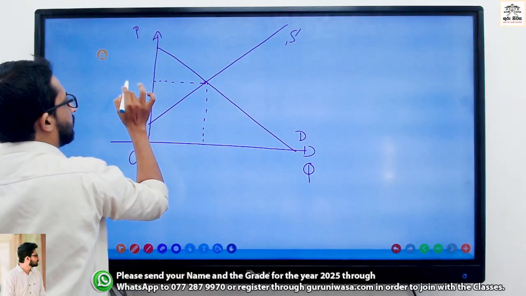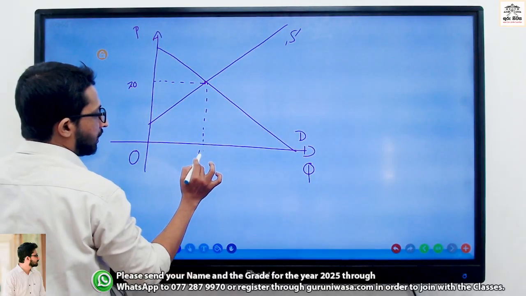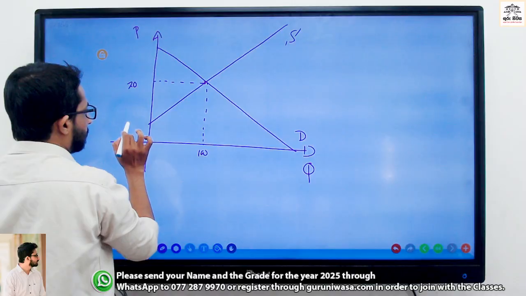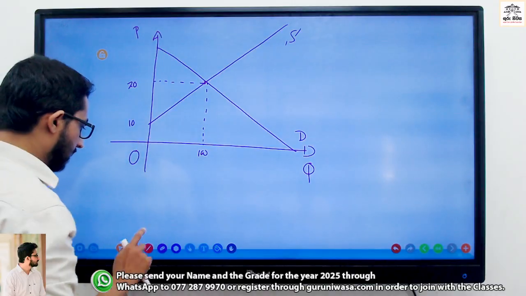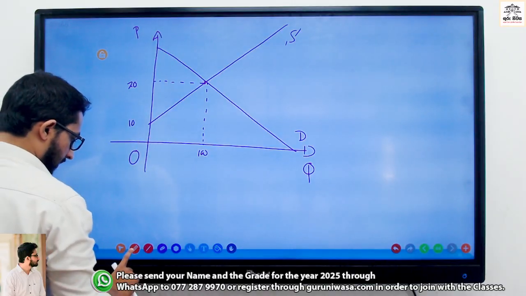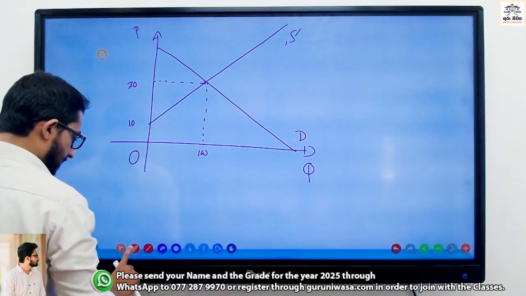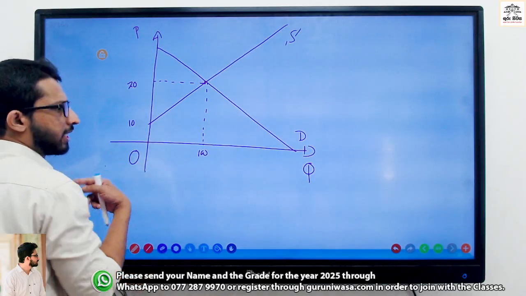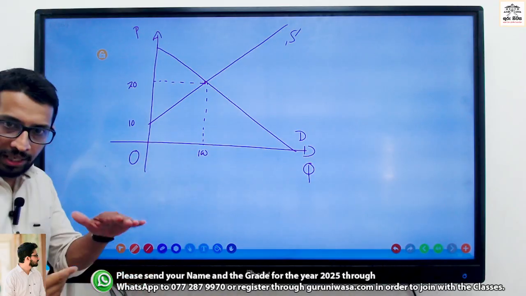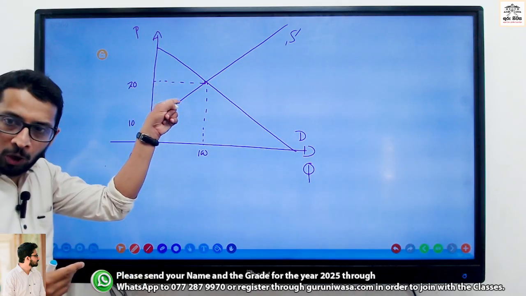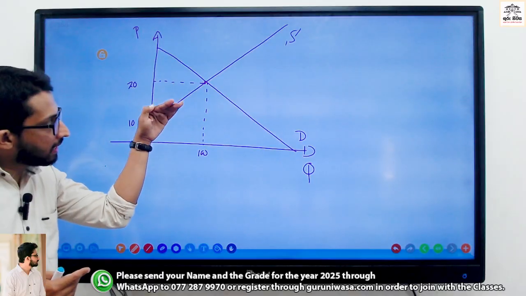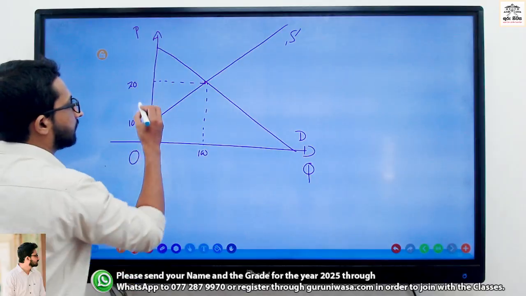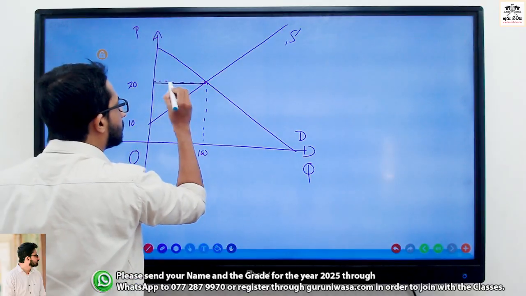Equilibrium price, assume 20 rupees, quantity 100 units. Here the price is, let's say, 10 rupees. Which area shows the producer surplus? How to explain that area? The area which is below the equilibrium price and above the supply curve. This one.